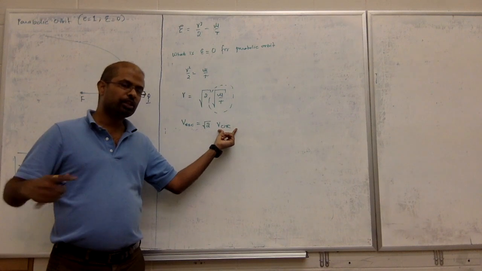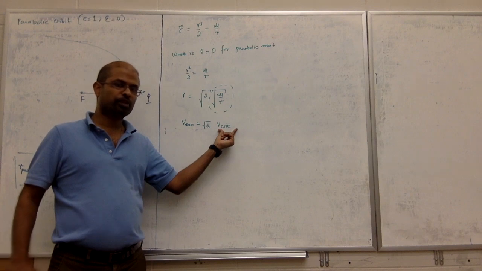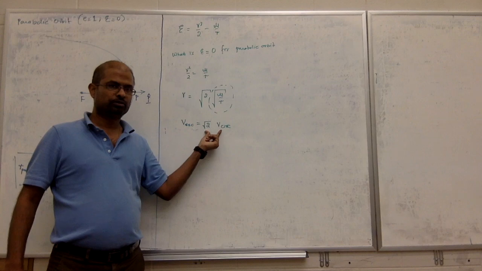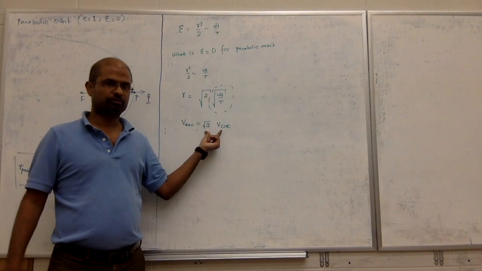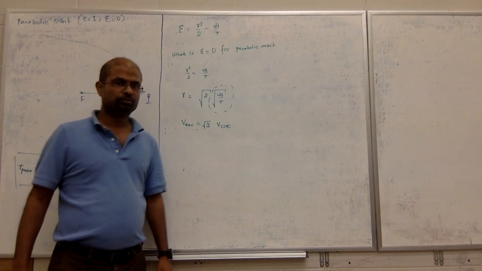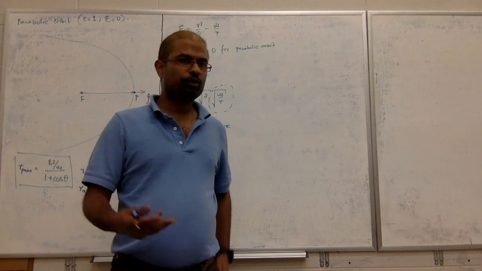We get into a convenient circular orbit, and then we increase the speed by 1.41 times. We're going to escape. So going to a circular orbit to escape is one of the easiest and most fuel efficient ways to do it.